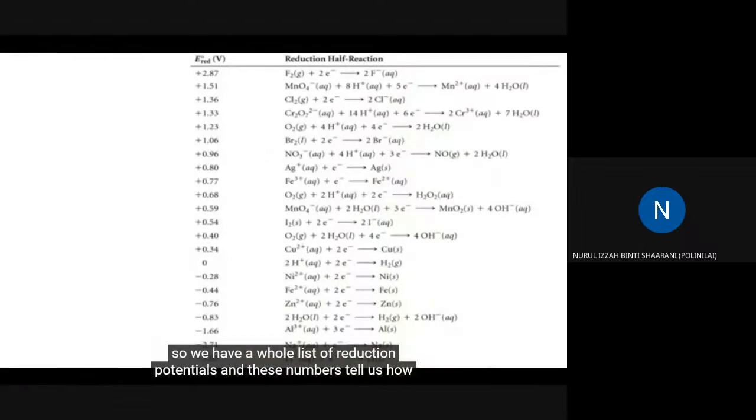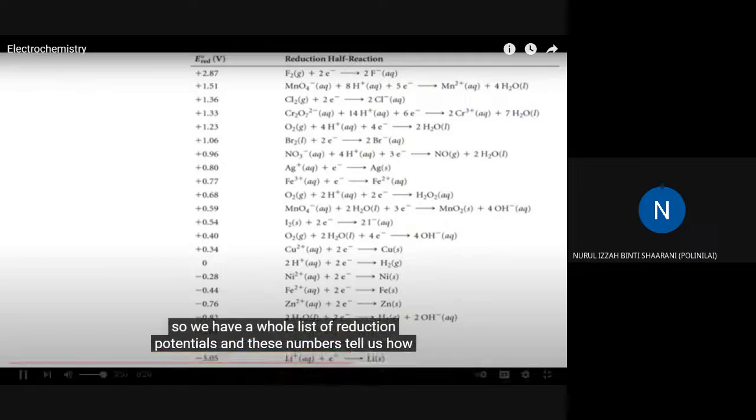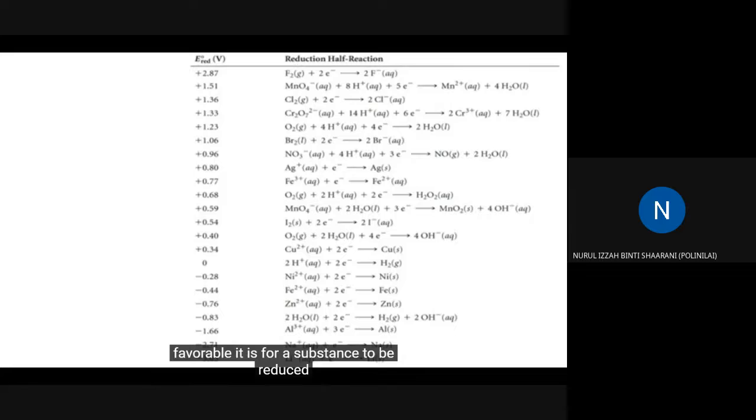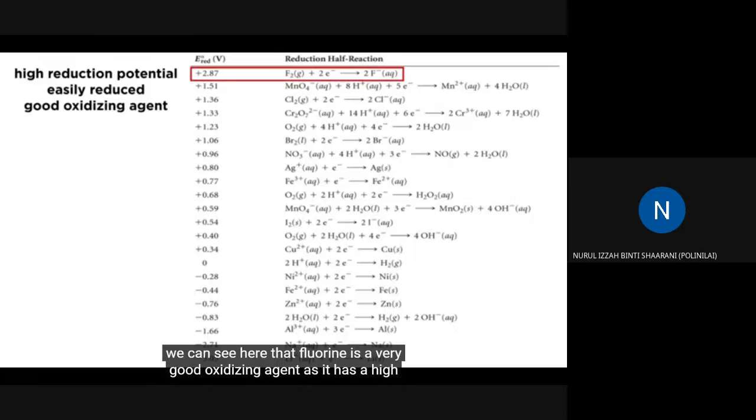So we have a whole list of reduction potentials, and these numbers tell us how favorable it is for a substance to be reduced. We can see here that fluorine is a very good oxidizing agent, as it has a high reduction potential, which makes sense since fluorine has a very high electron affinity.